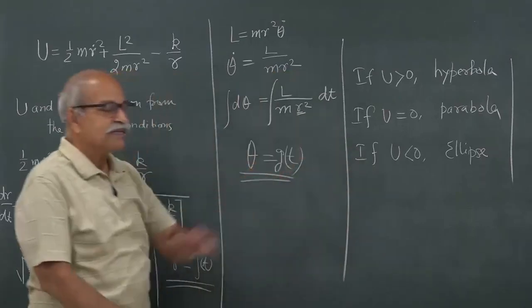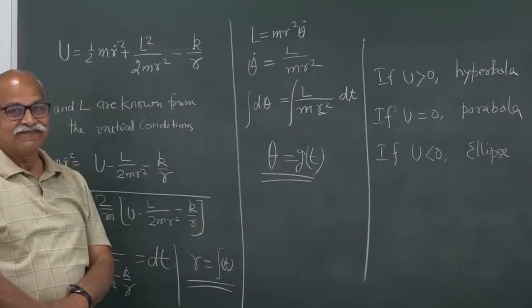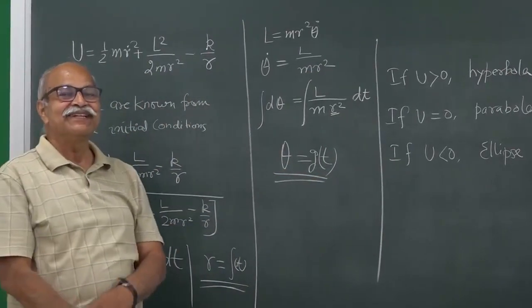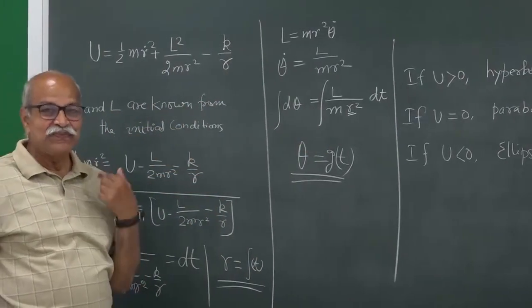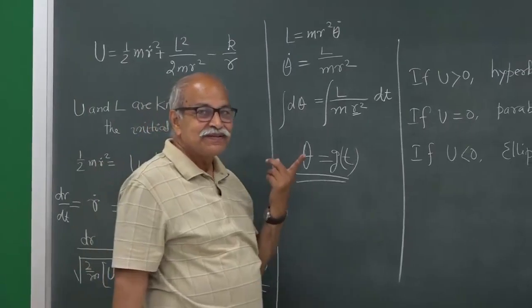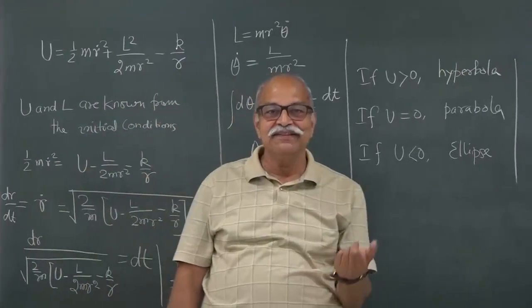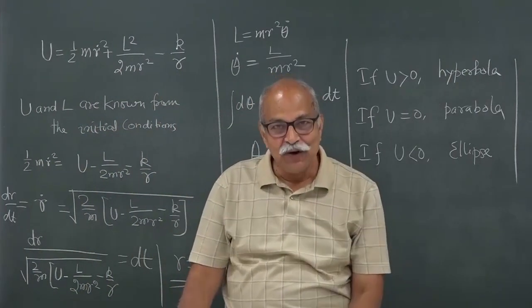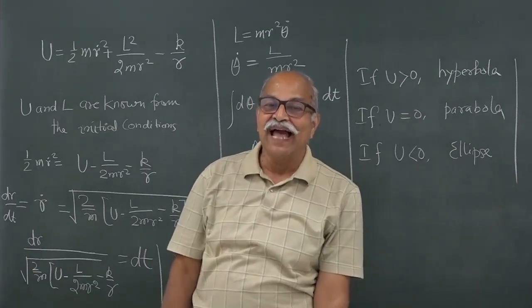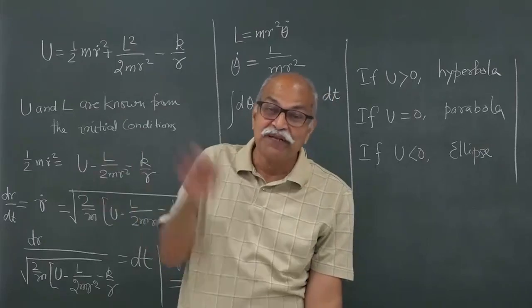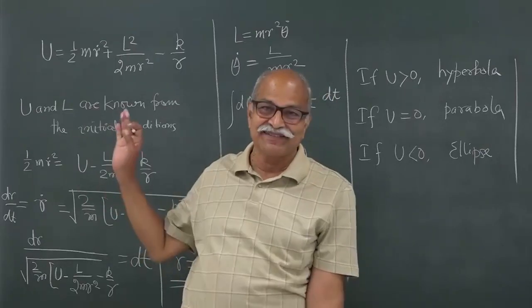Remember, circle is a special case of ellipse, and we can work out when it will be circle, but maybe next time. So, under attractive inverse square law, that kind of force, the path of particle has to be either ellipse or parabola or hyperbola, nothing else.